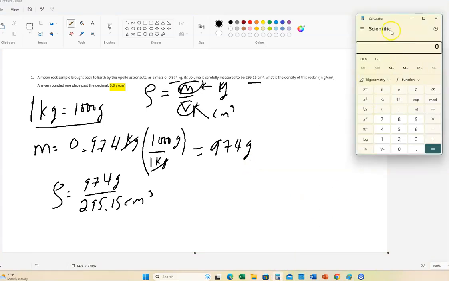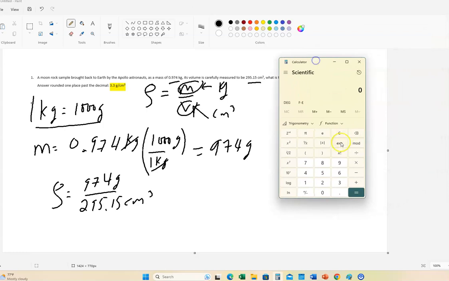So here's our scientific calculator. It's 974 divided by 295.15.